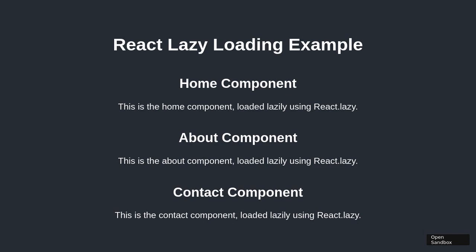This indicates that lazy loading is working as expected, with components being fetched and rendered only when needed. The demo also shows that there are no console errors, confirming that our implementation is smooth and error-free. This approach not only optimizes load time, but also ensures an efficient and pleasant user experience.